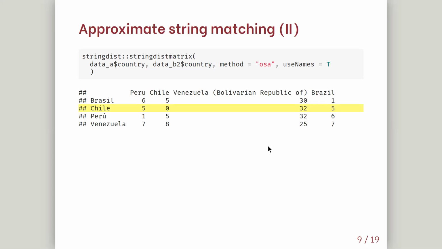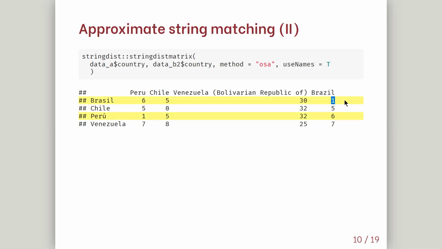Chile and Chile is obviously the same, so that's a distance of 0, then 32 and 5. So let's take a look at Brazil. So 6, 5, 30, and then 1, right? This is very close. It makes sense that the algorithm says it. The same goes for Peru with an accent and without an accent. So we can use this to create a join, right? We can identify the lesser value in each row and use that as a match.